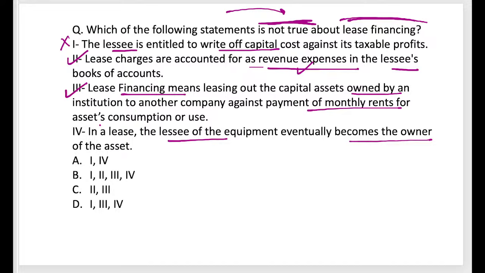The fourth statement: in a lease, the lessee of the equipment eventually becomes the owner. No, not in all cases. It can happen, or it is a choice of the lessee in the case of a finance lease, otherwise not, right? So option A must be the right answer for this particular question.